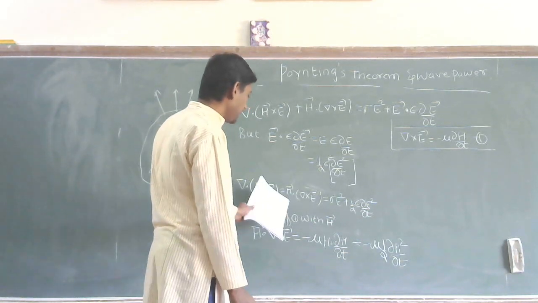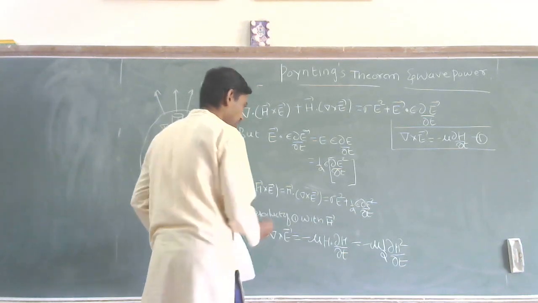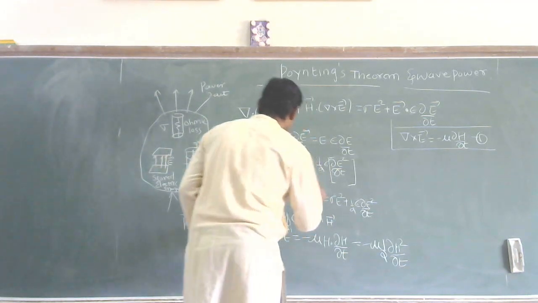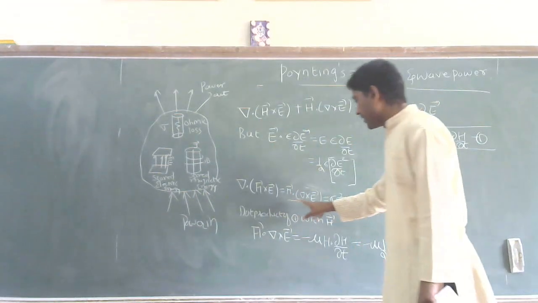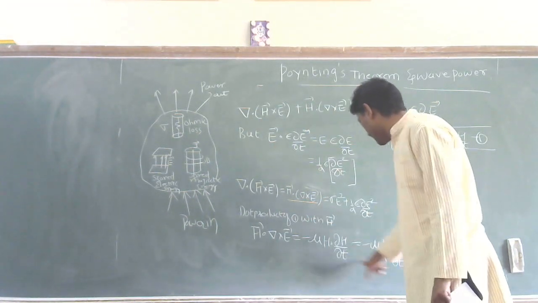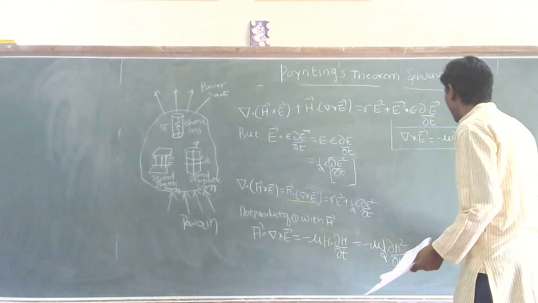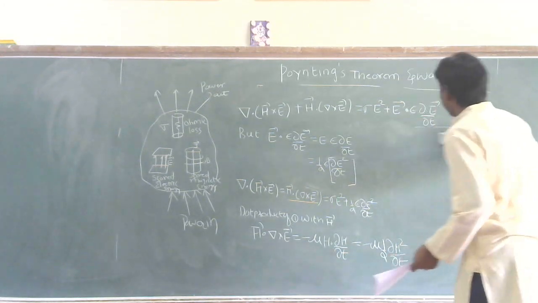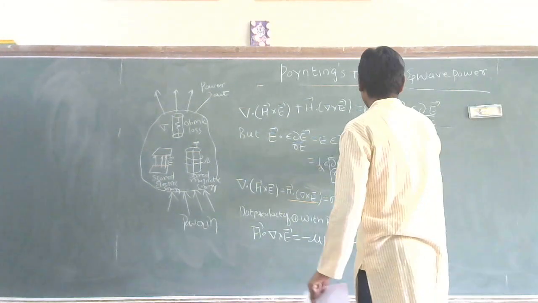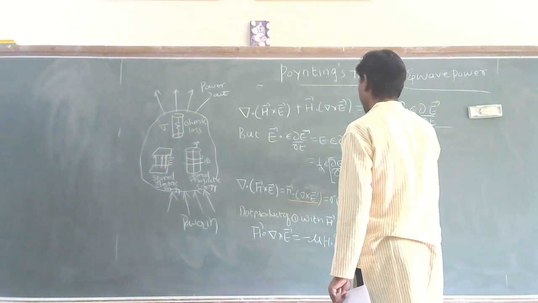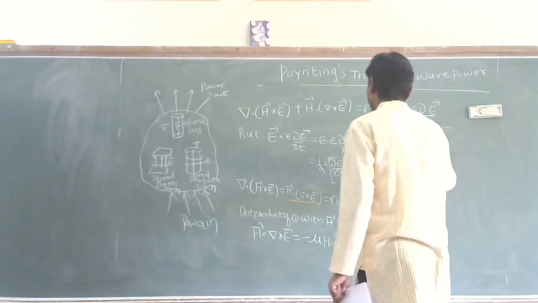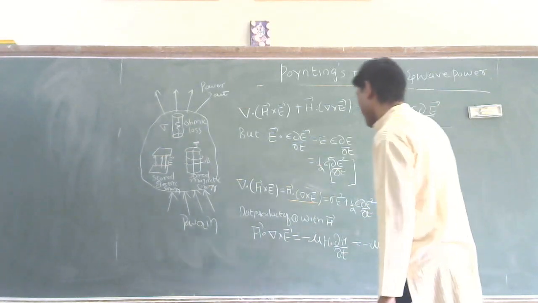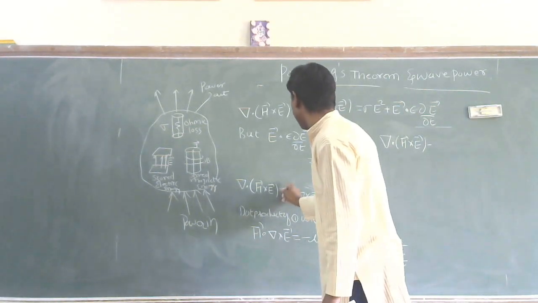Now we can plug in this particular thing. I can replace H dot (del cross E) with what I have obtained just now. Then you could say that you're almost done with this Poynting vector H cross E. Sorry, this is actually plus over here.